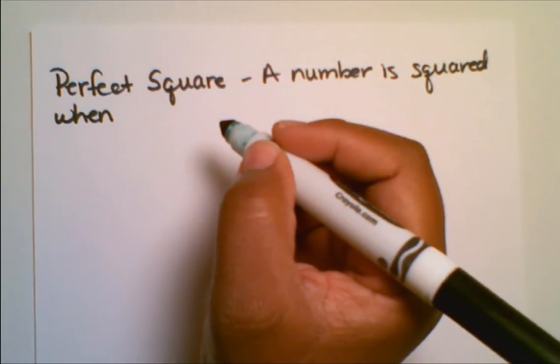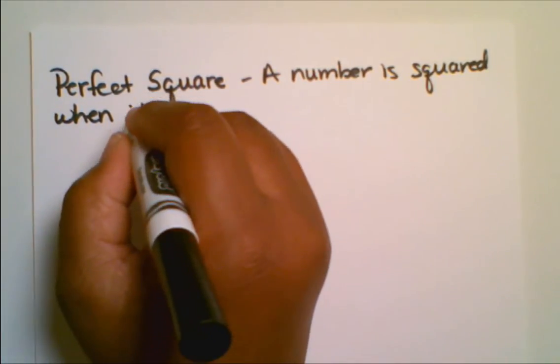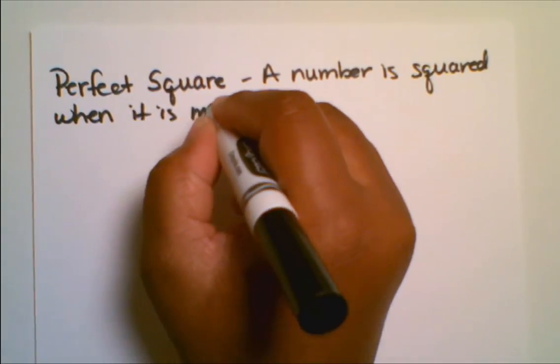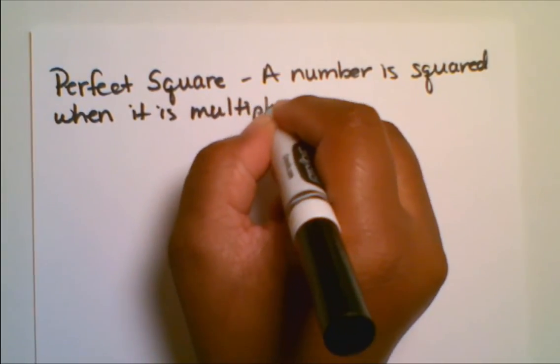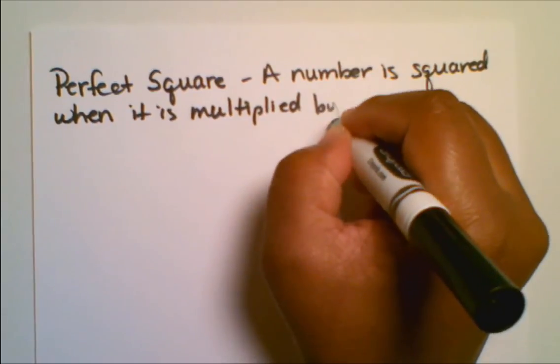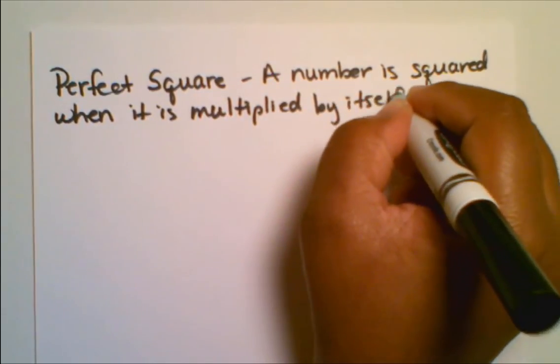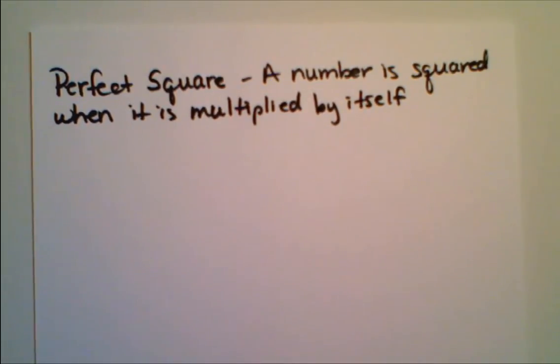A number is squared when it is multiplied by itself, and its product is a perfect square.